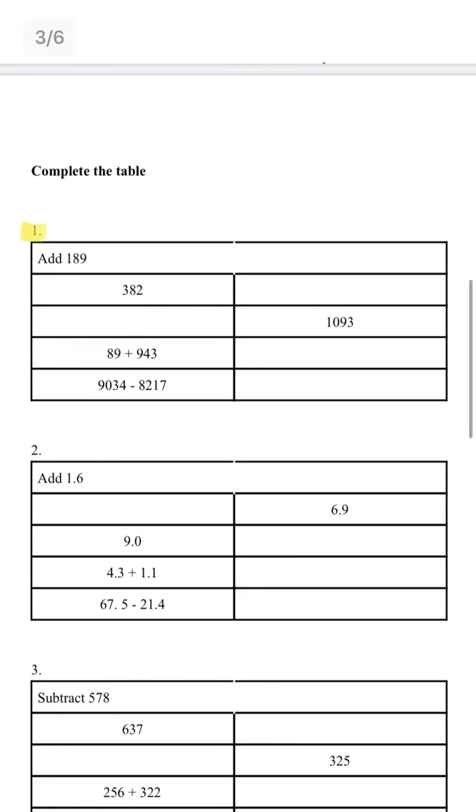to completing the table. Okay, so we have to complete the blanks by adding 189. Okay, so we do 382 plus 189.